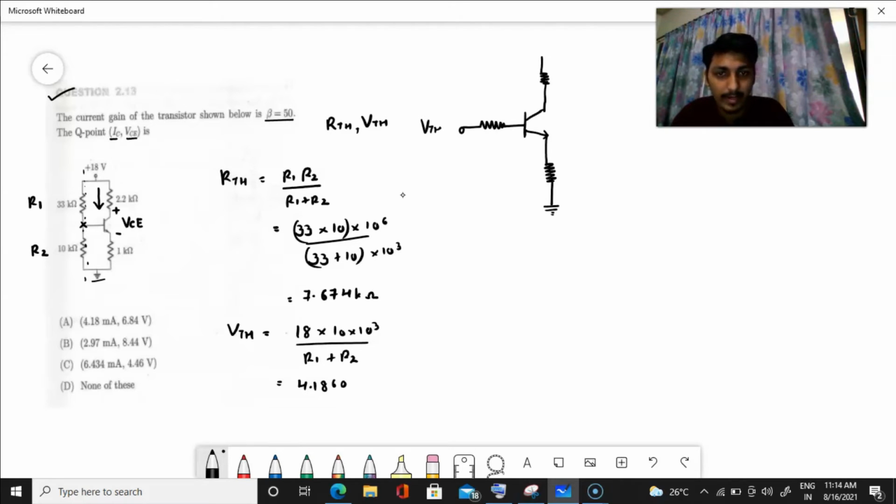VTH, RTH, VCC, VCE, this is 2.2 kilo ohm, this is 1 kilo ohm, and the base to emitter voltage is 0.7 volt. RTH is given here as 7.674, and VTH is also given. We can replace this VTH as 4.1860.